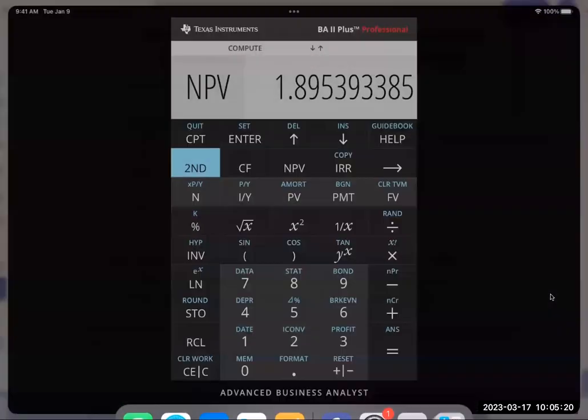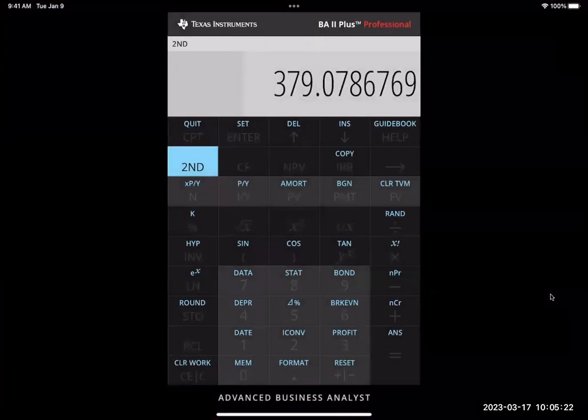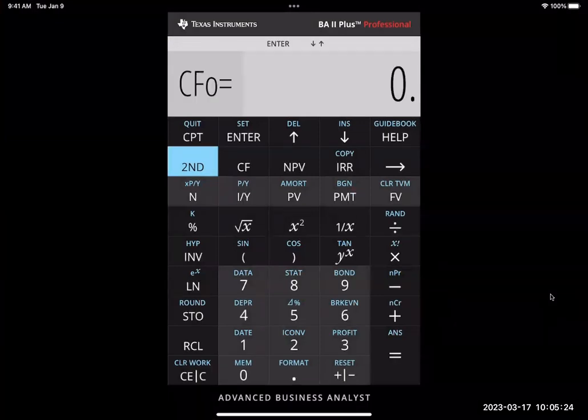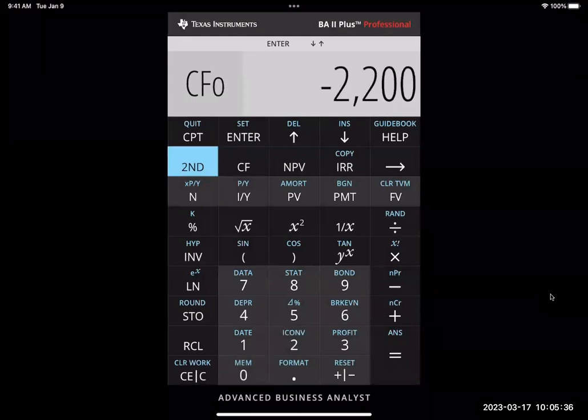Okay, let's put this in the calculator. So let's go to the CF keys. Make sure there's nothing in there. Aha, I have something in there. So I have to second, clear work. And I start entering the values, which were negative 2200, enter, down. Now I put 800, enter, down, down, because there's only one 800.